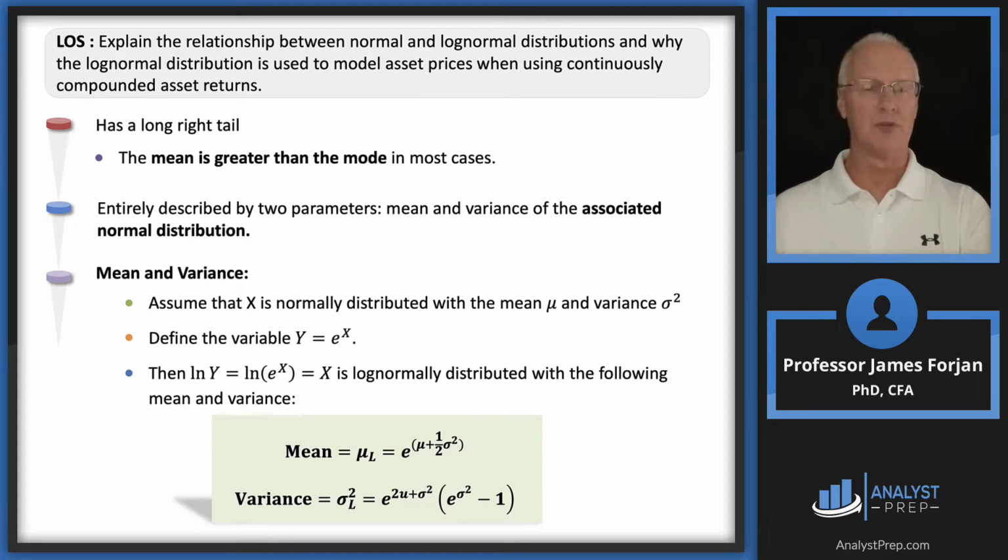of the normal distribution. Now, for those of you who are mathematically inclined, I encourage you to type in a search and say something like, how do you derive the mean and the variance of a log normal distribution? And you'll get those equations that we have down there in the box. So just remember that the mean, mu sub L, is equal to e raised to the x.